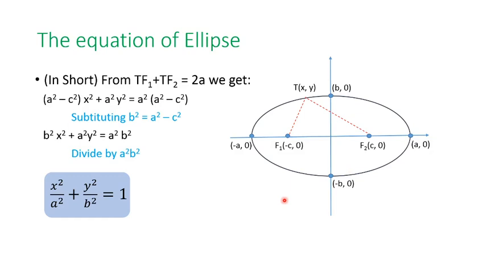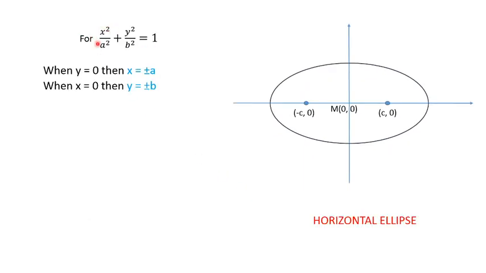Then let's continue. For this equation of horizontal ellipse, we can substitute the value of y when it is 0. When y equals 0, you have x equals plus and minus a. When x equals 0, you have y squared is b squared, or y equals plus and minus b.